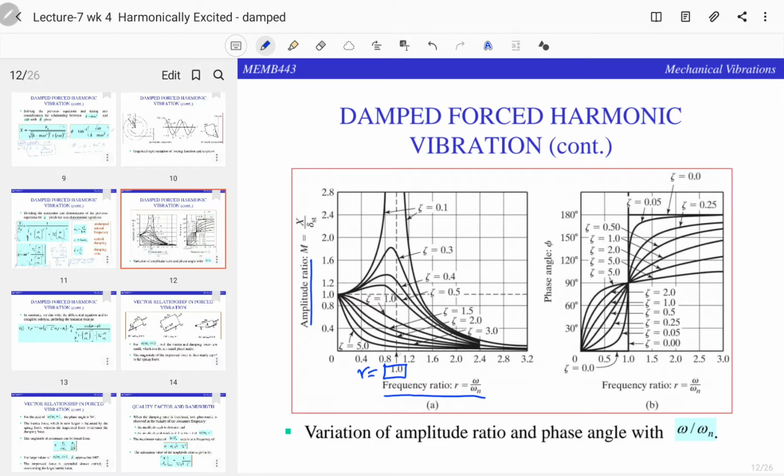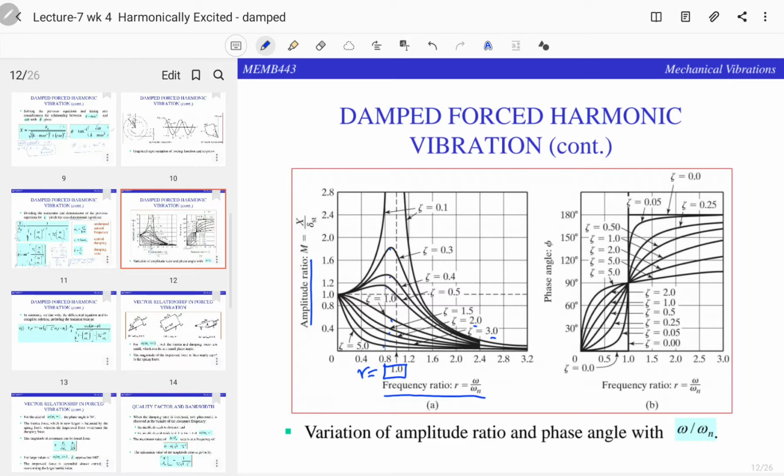When you see at 1, you can see what happened. These numbers here are all the zeta. Each of the lines here represents a different zeta.